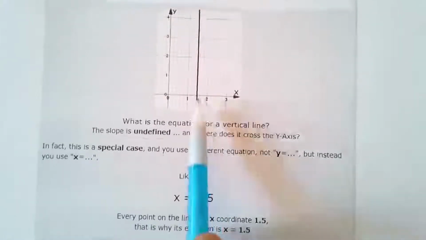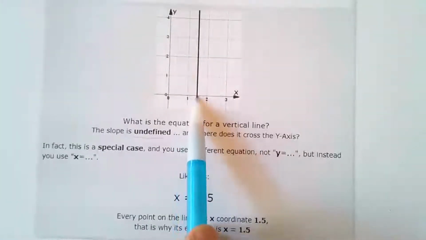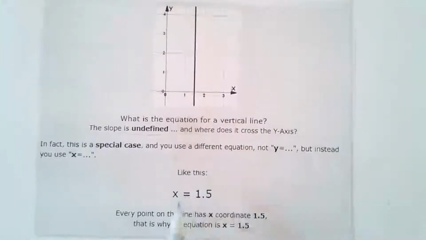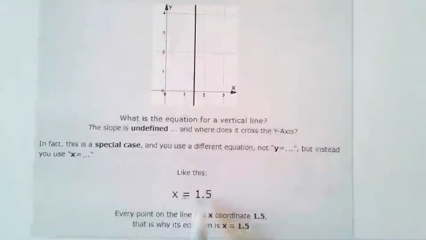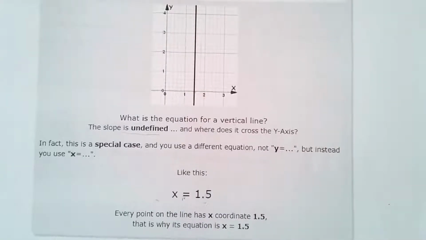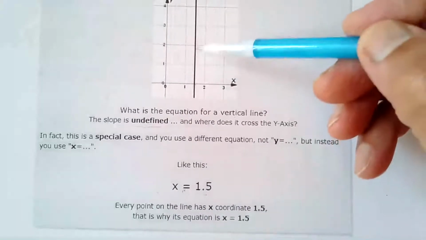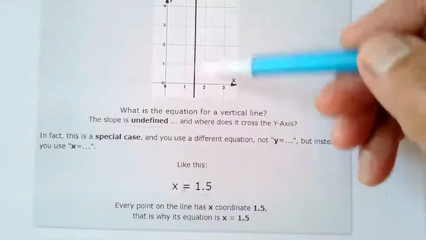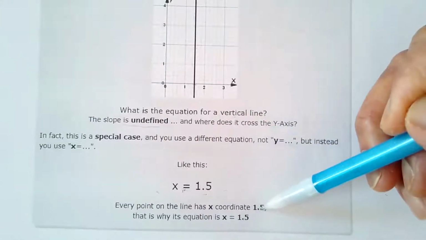We write this one, for example, as x equals 1.5. The equation of this line is x equals 1.5. Notice there's no y-intercept. And every point on this line has an x-coordinate of 1.5.